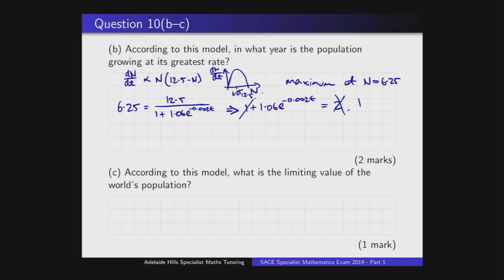And then what we can do is multiply the e back over to the right hand side, and when we do that the exponent becomes positive, then 0.002t is equal to 1.06 e to the... we can take logs. 0.002t is equal to the log, well, I should write ln to be consistent, of 1.06.